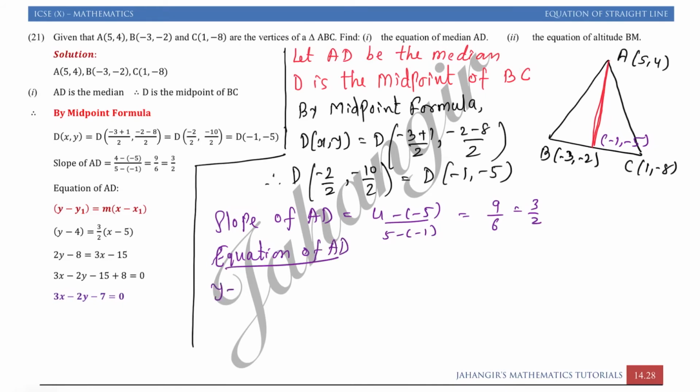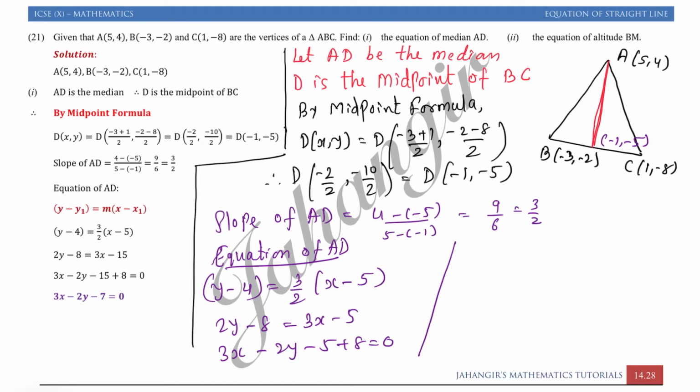We can write y - y1 = m(x - x1), that is y - 4 = 3/2 (x - 5). Cross multiply: 2y - 8 = 3x - 15.